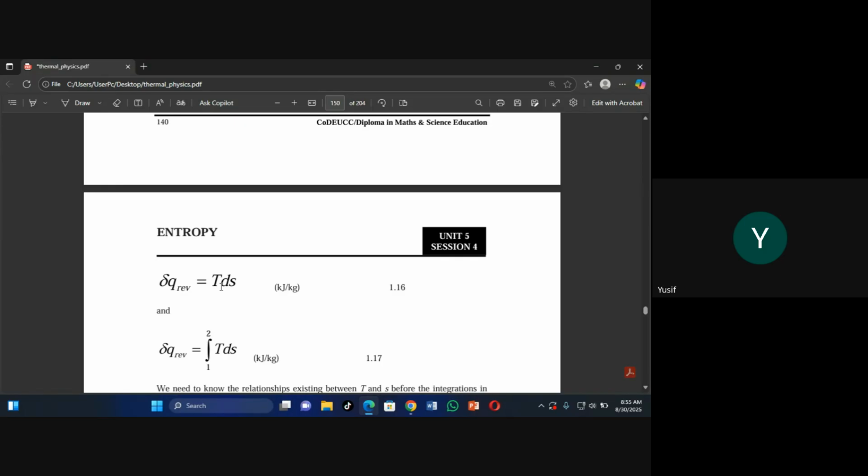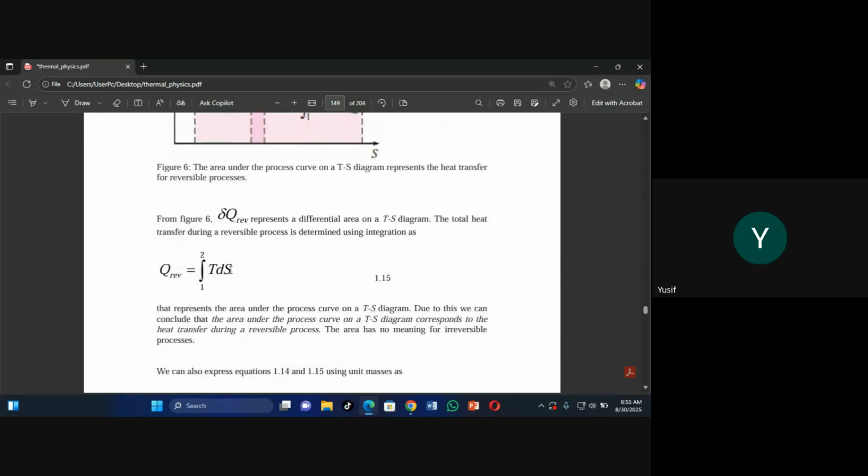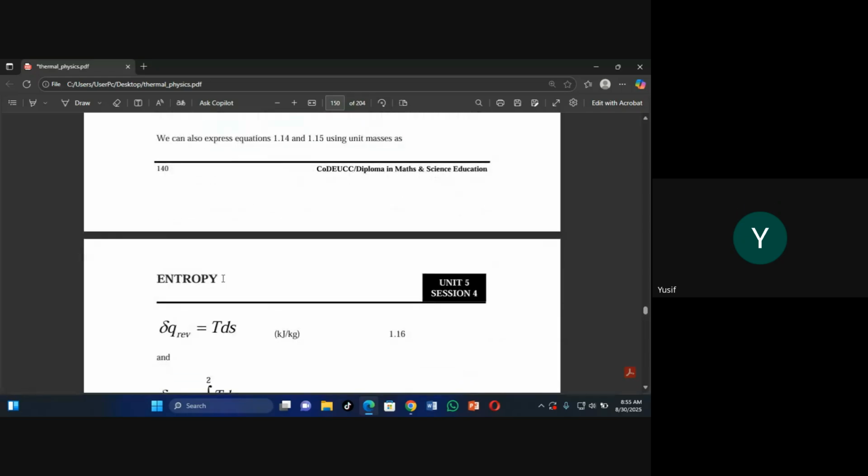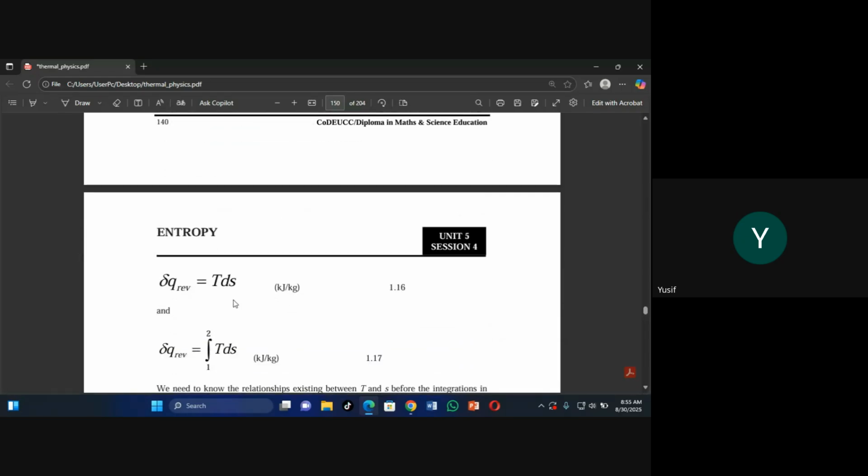I hope you know that. Because if you integrate this, we are going to get rid of the differential value here, so that I have the Q reversible as the same as that, and it's the same. So if you represent a differential for this value, you have Q equal to, then the d will cancel the integral form, then you have TdS, and that's what you have over here. We've not changed anything.